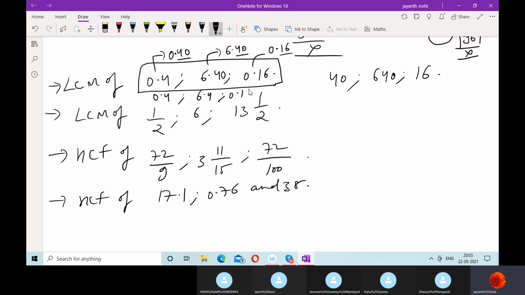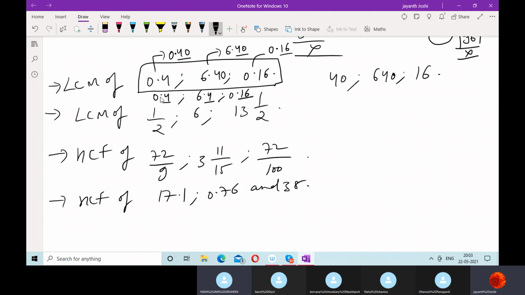The question given to you is 0.4, 6.4 and 0.16. This number has 2 numbers after the decimal, and these have one number after the decimal. I am trying to make them equivalent in such a way that they would be compatible. How many numbers are there after the decimal here? 2.